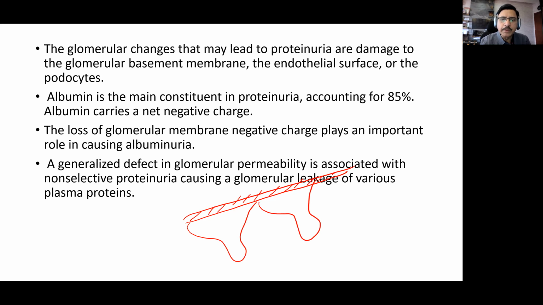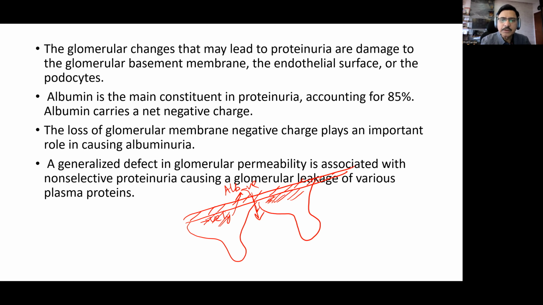Normally these are negatively charged. And albumin is also negatively charged. So they repel each other and albumin is not allowed to enter. Now what is happening here is that because of the damage, the negative charges are lost and they become neutral. Then albumin has no repulsive force there and albumin leaks.